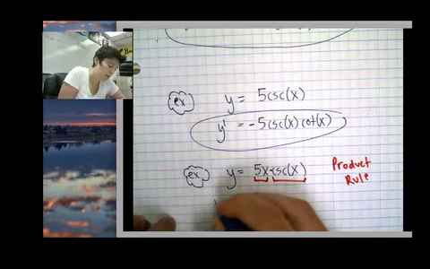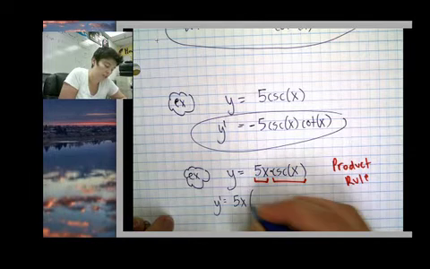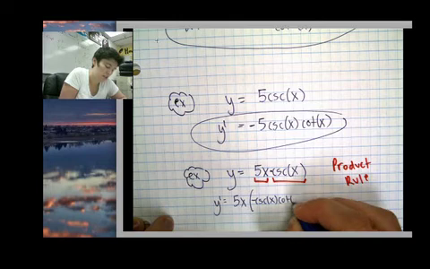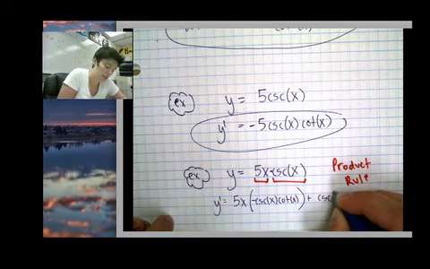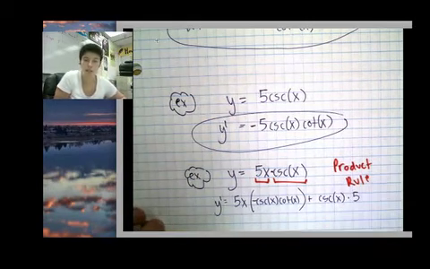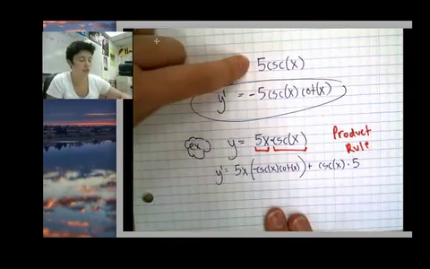So y prime equals the first times the derivative of the second, which is negative cosecant of x cotangent of x, plus the second, cosecant of x, times the derivative of the first. The derivative of 5x is 5. So see how these are different problems. If it's just a number, it's really easy.